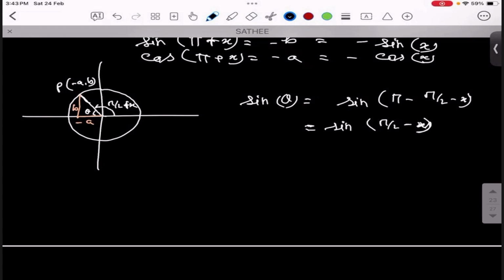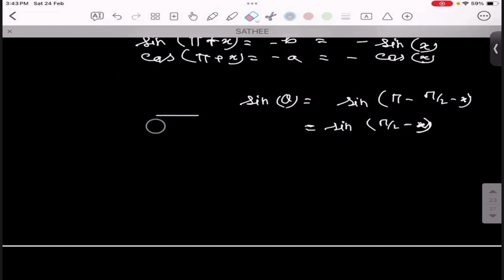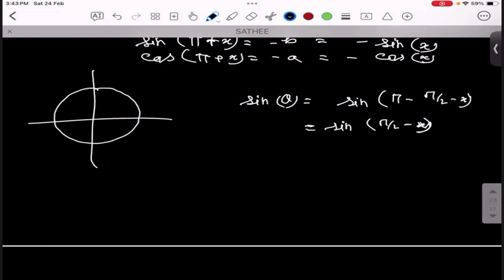We can discuss this later because we need to use the formula, and then we can understand this geometrically. The main concept is we are measuring the angle from here. We always measure the angle from here, not from here.